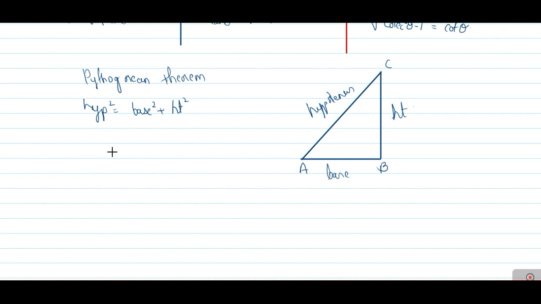In this case, AC square is equal to AB square plus BC square. Okay, this is the Pythagoras theorem.